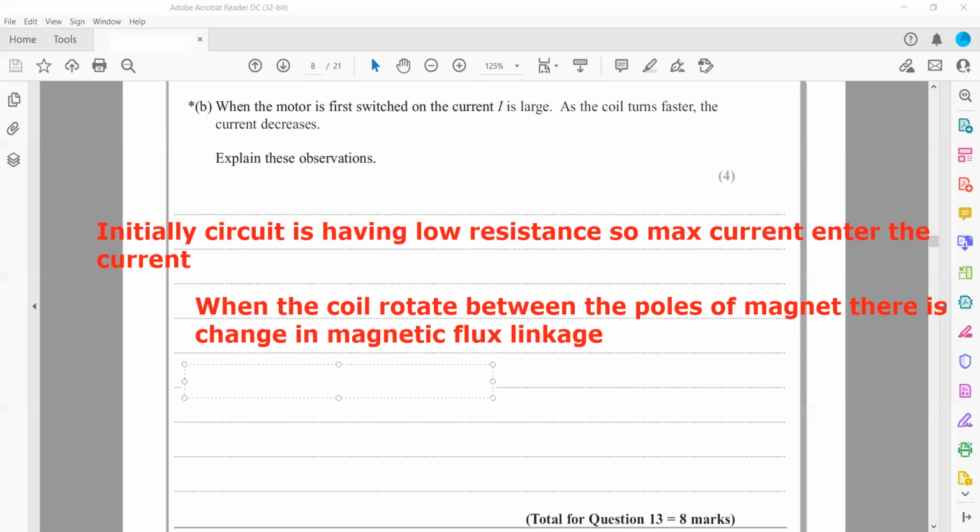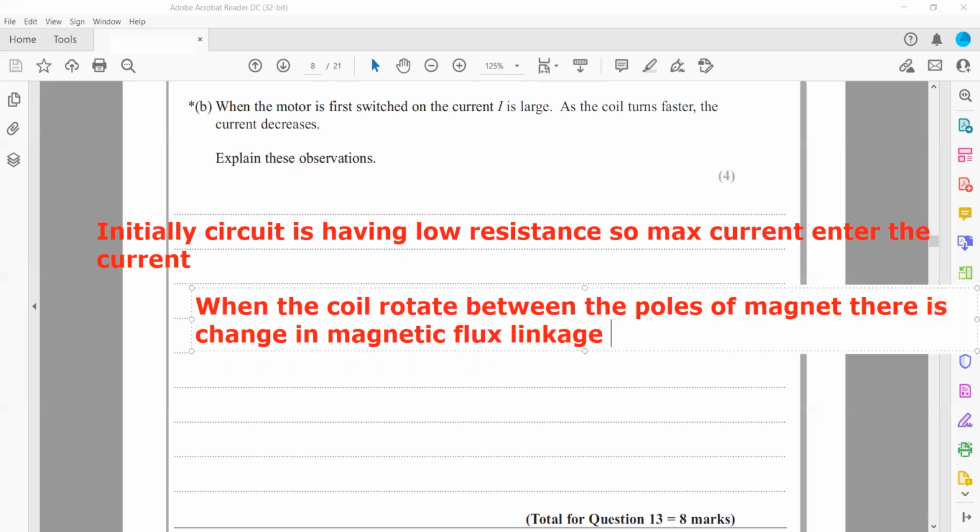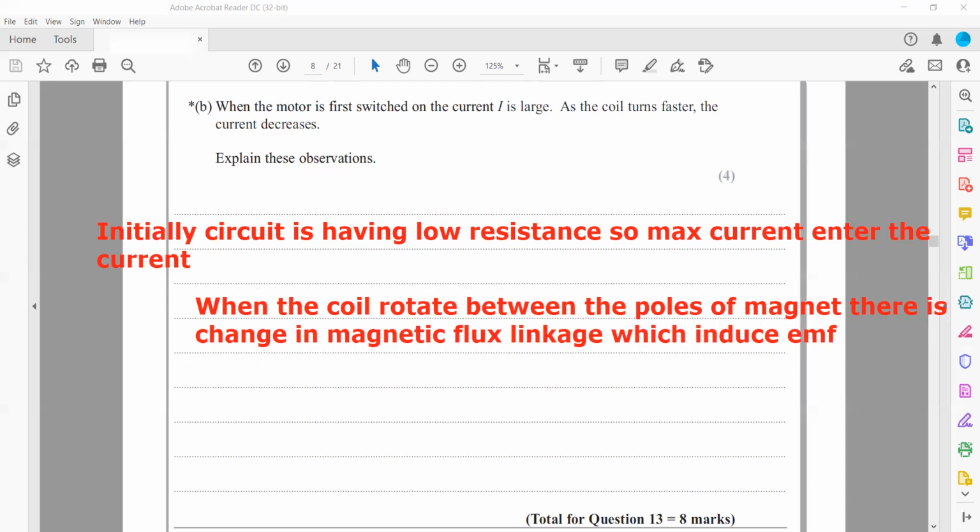So when the coil is rotating between the poles of the magnet, there is a change in magnetic flux linkage which induces EMF. And the EMF increases as the speed increases.